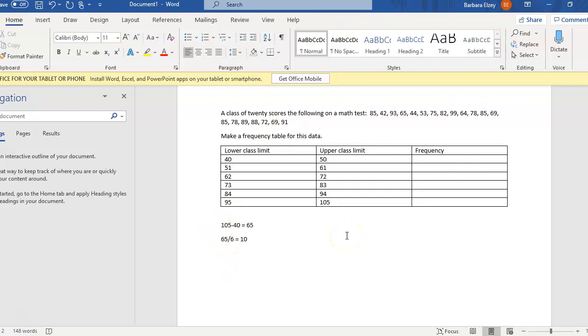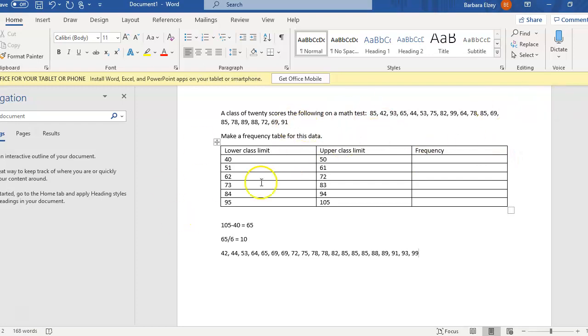So if I put this data into order, I will have the scores 42, 44, 53, 64, 65, 69 twice, 72, 75, 78, 78 twice, 82, 85 3 times, 88, 89, 91, 93, and 99. And that's just putting all of these numbers in order.